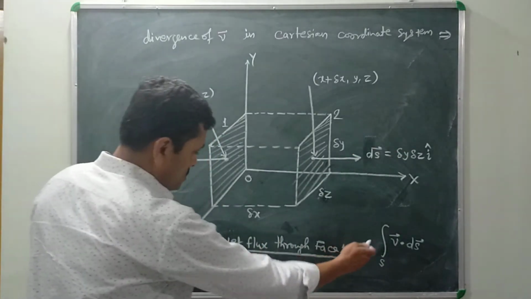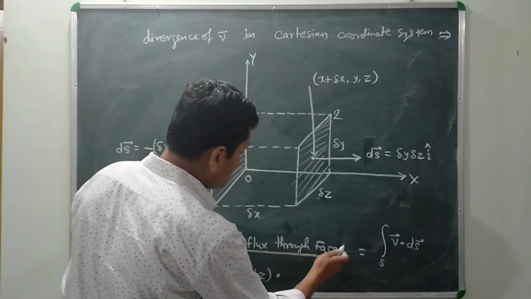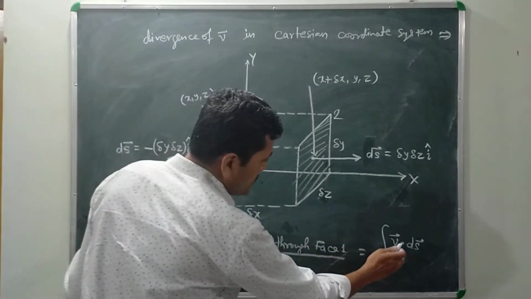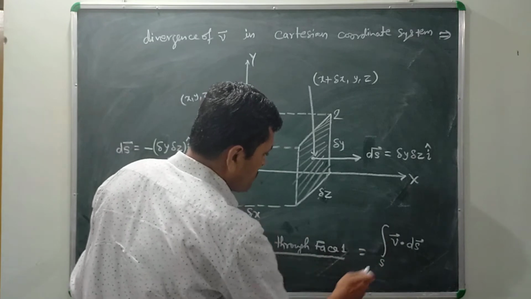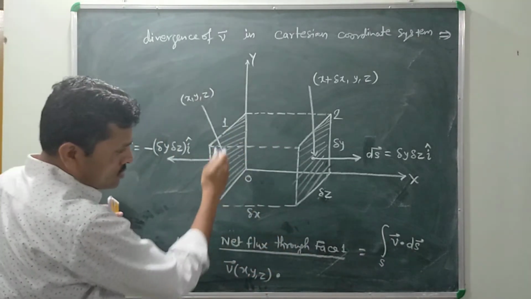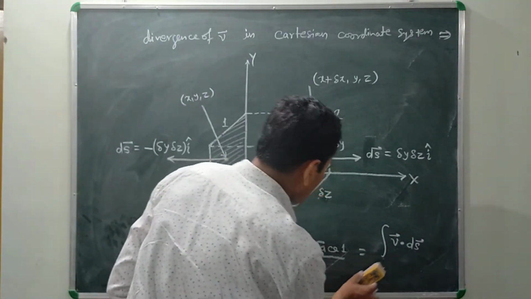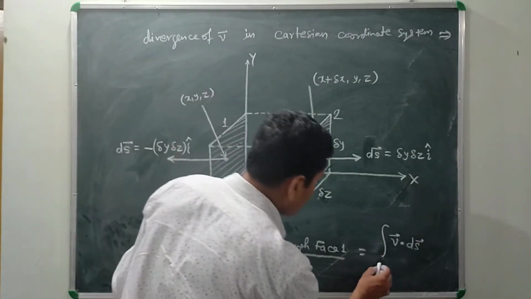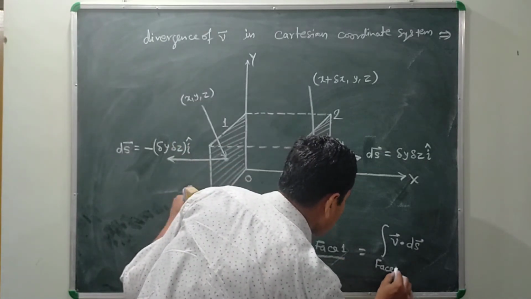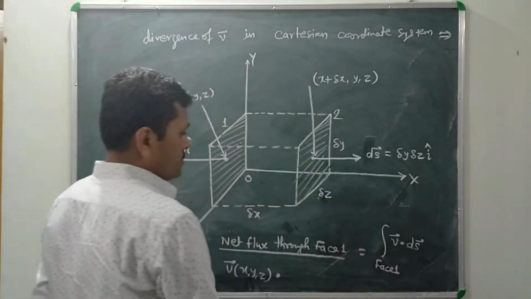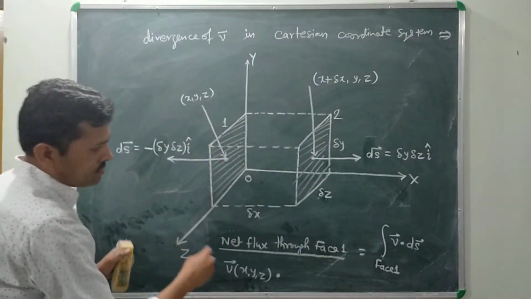So here the net flux through the face 1 will be v dot ds over the surface S. So this surface will be over face 1. Here the surface is face 1.